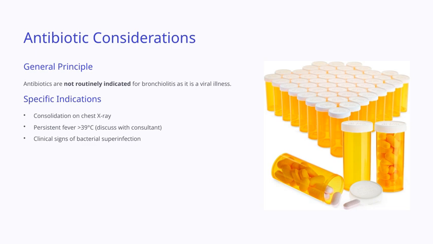Lastly, if there are clinical signs pointing toward a bacterial superinfection, such as worsening symptoms or new findings, then antibiotics may also be justified. Overall, it's crucial to differentiate viral from bacterial infections carefully and to avoid unnecessary antibiotic use, aligning with good antimicrobial stewardship principles.